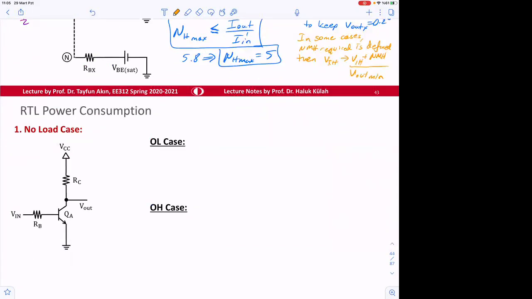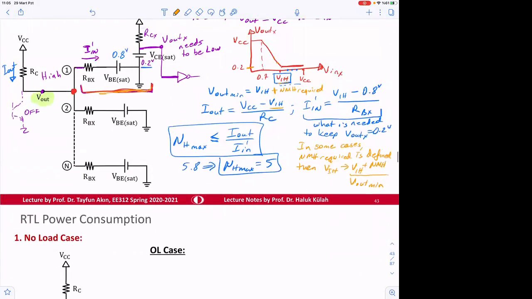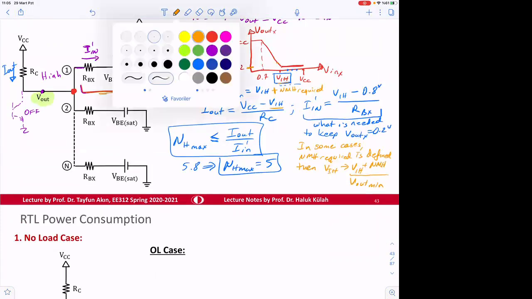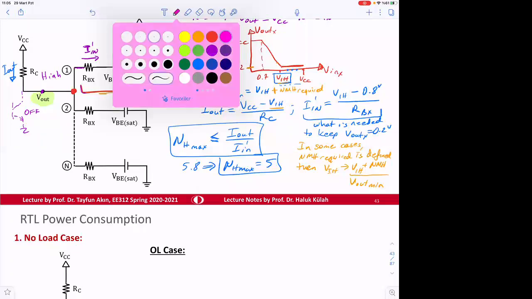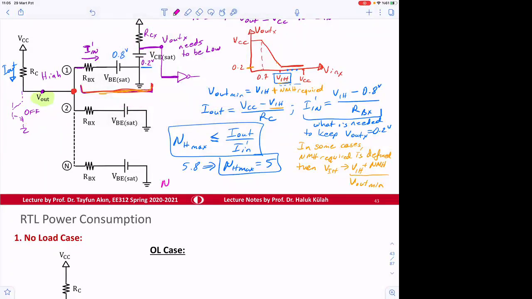Okay. So another subject is the power dissipation. By the way, here we need to also talk about N max.